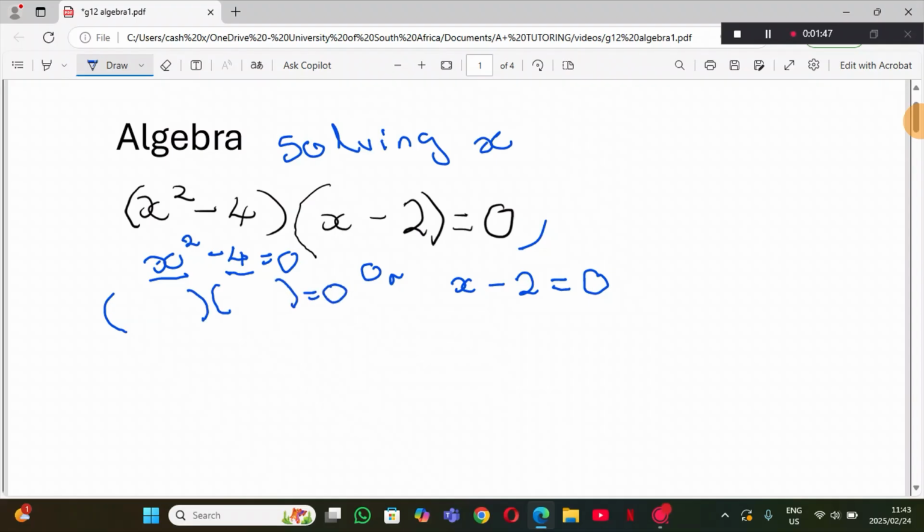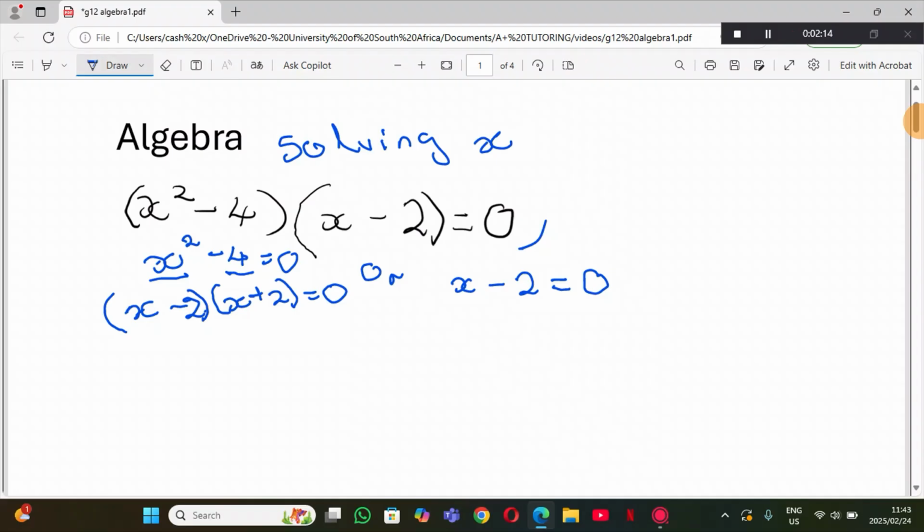I have the square root of the first number, and then the square root of the second number, which is 2. As for the sign, it alternates. For a difference of perfect squares, one is negative and the other is positive. So now I have three different brackets, including this one.